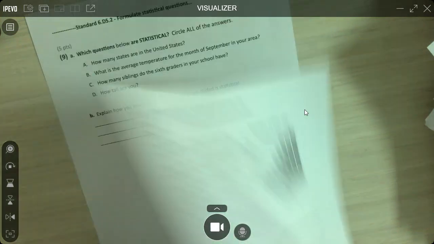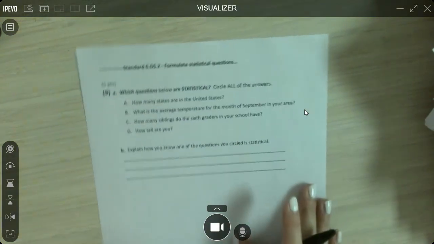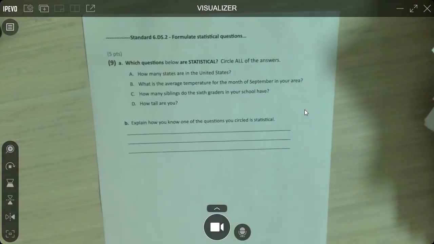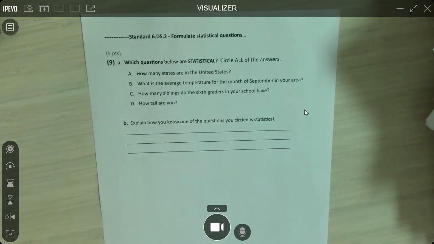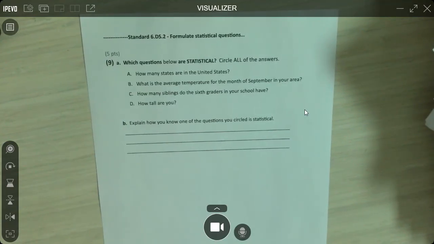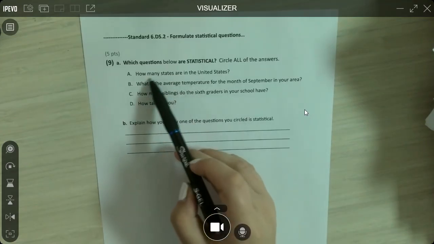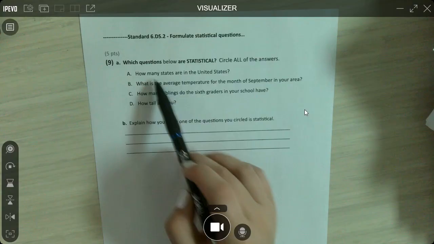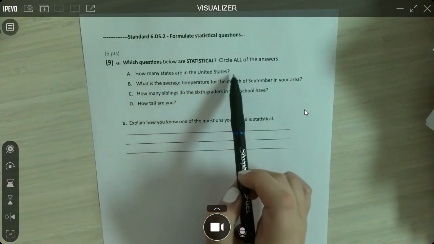And then our last one right here. It says which questions below are statistical. Circle all of the correct answers. Option A says how many states are in the United States?